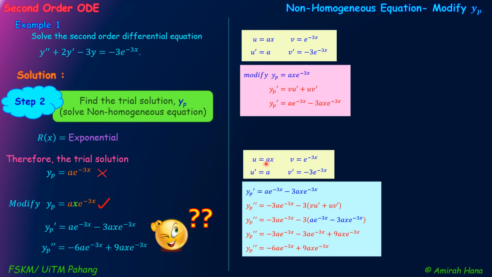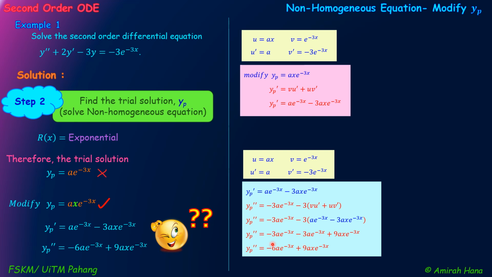Okay, our u equals ax, v equals e to the power of negative 3x, then we find u prime and v prime, and then we substitute into the product rule formula. So we got this, okay. After that, we expand, okay.